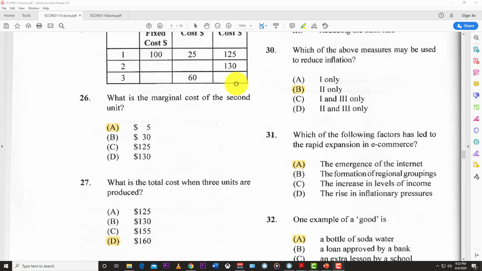So if you take away the difference from 190, what would give you 60? If you add it back, you get 190. So 190 should be here.